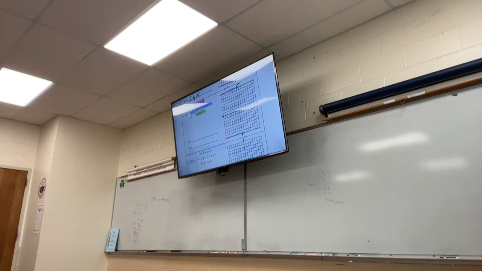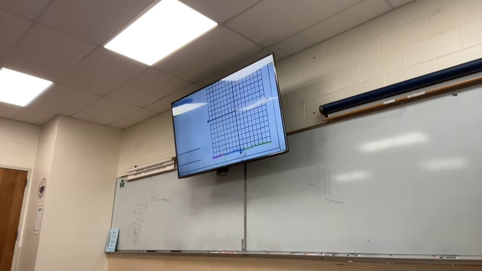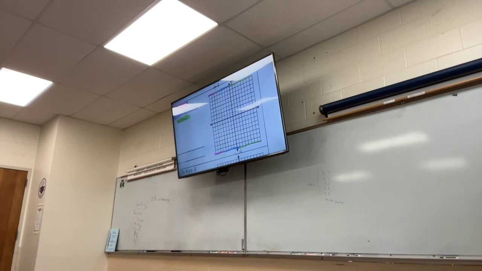Okay, and then let's go ahead and graph. So let's graph the line g of x equals negative 1. That's just a horizontal line through negative 1.